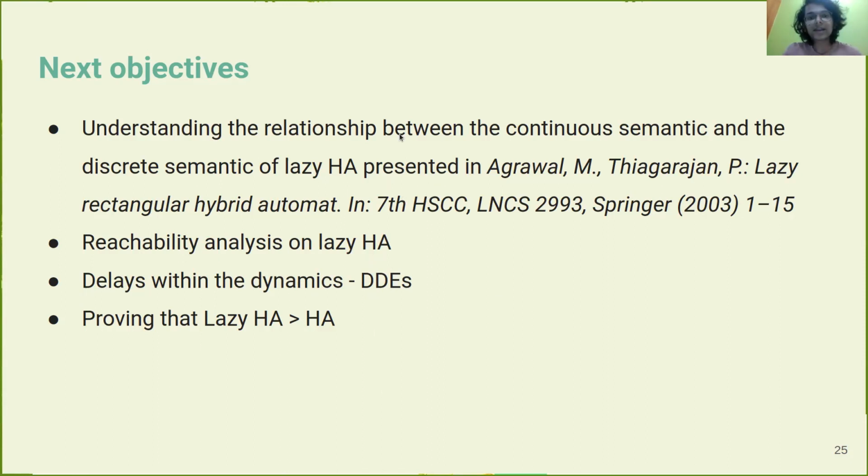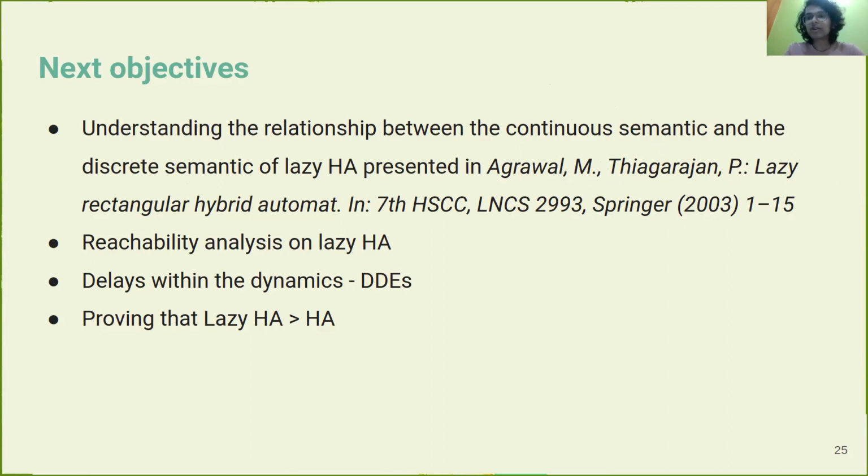And another thing that would be interesting to understand is the relationship between the continuous semantic of lazy hybrid automata and the discrete semantic of lazy hybrid automata, which was presented in an earlier paper by these authors. So what I did not mention is that our lazy hybrid automata model was strongly inspired by the lazy hybrid automata presented in this paper here.